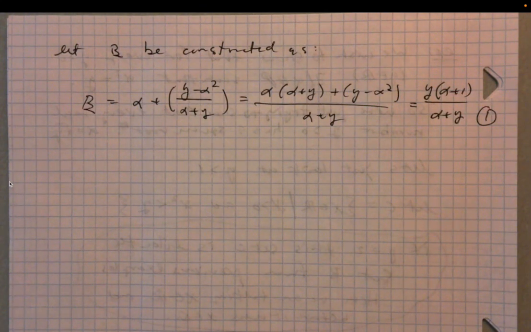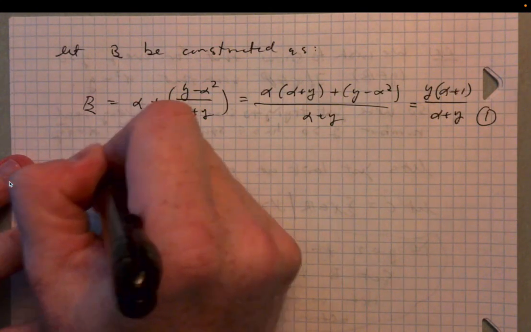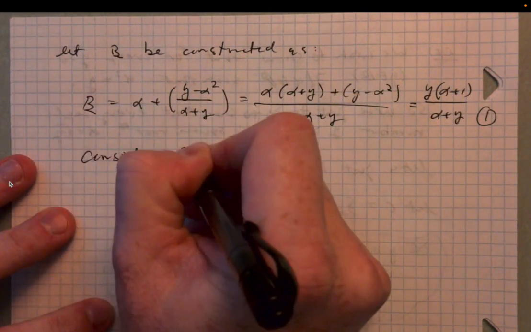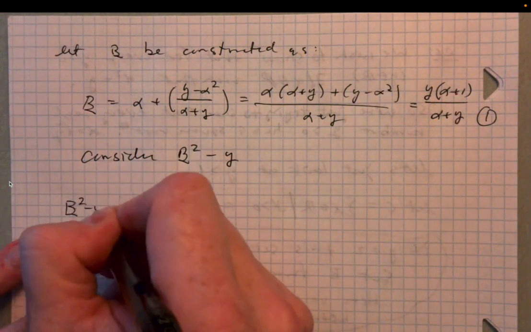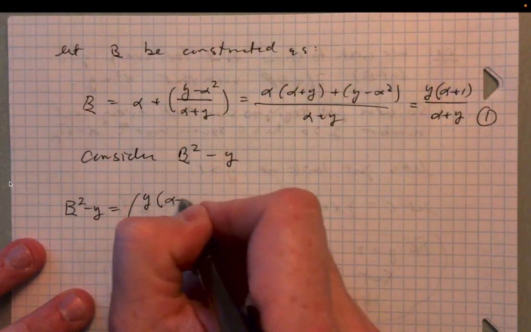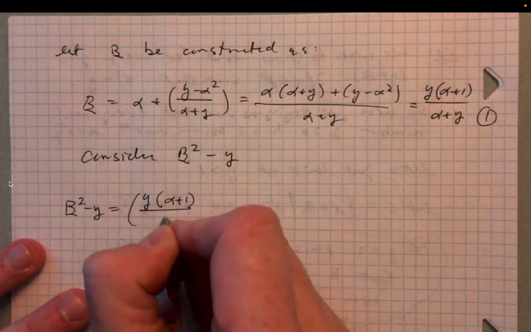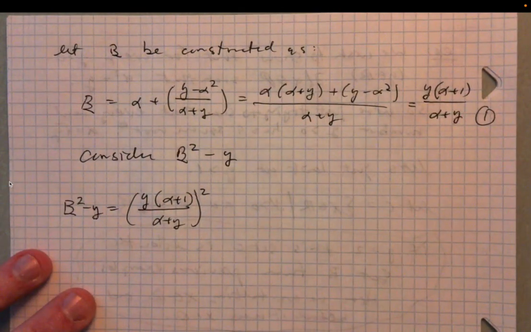And now, similar to before, we're going to consider beta squared minus y, right? Before we would have said p squared minus 2. So consider beta squared minus y. Beta squared minus y will be equal to y times alpha plus 1 over alpha plus y, squared, minus y.